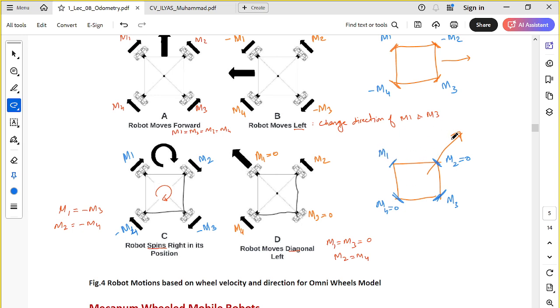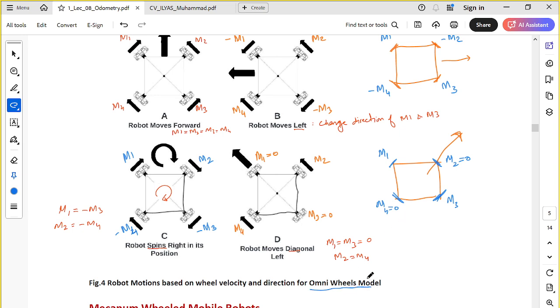If we do this, our robot will move in this direction. Similarly, we can move in this direction and this direction. So you see that by changing the wheel configuration and the type of wheel, we can build this omnidirectional robot.